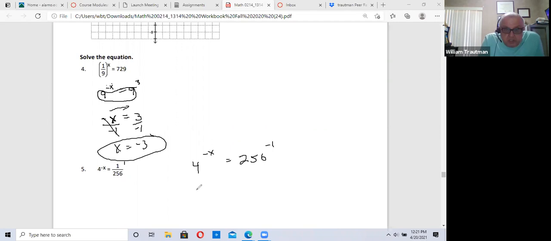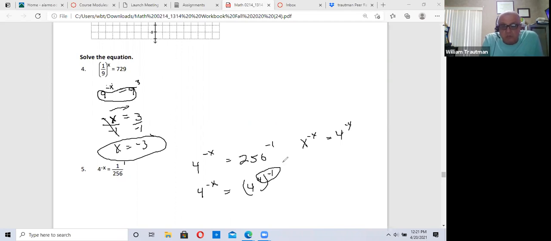And if you check it on your calculator, 256 is 4 to the 4th power. And so 4 to the 4th power with a -1 becomes 4 to the -4, and the other side is 4 to the negative x.